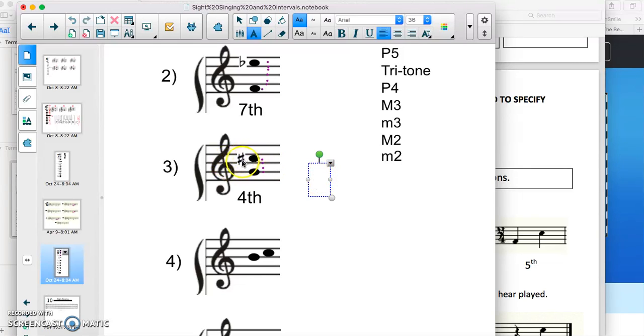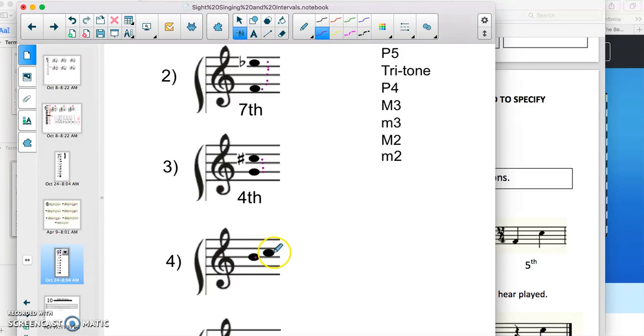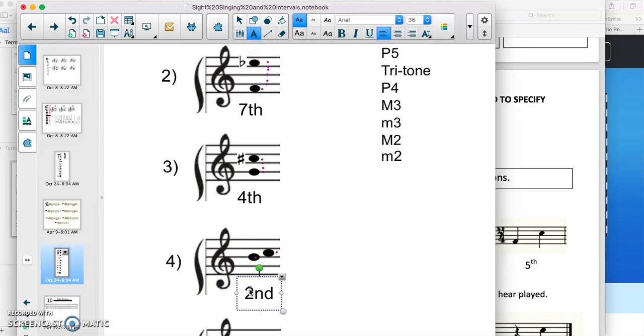We're not worried about what that does. You just look at where the note is sitting on the line or the space. And then let's do one more here. I'll go back to my pen. Starting on a line, ending note on a space, so 1, 2 lines and spaces are covered in that example. So this would be a second.